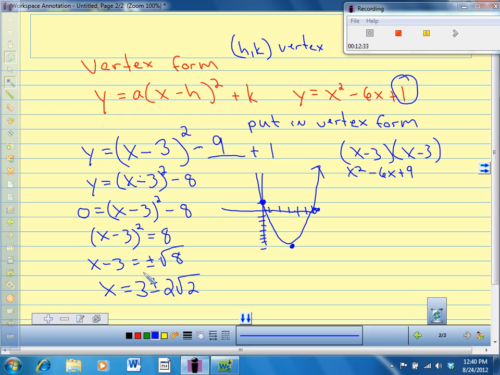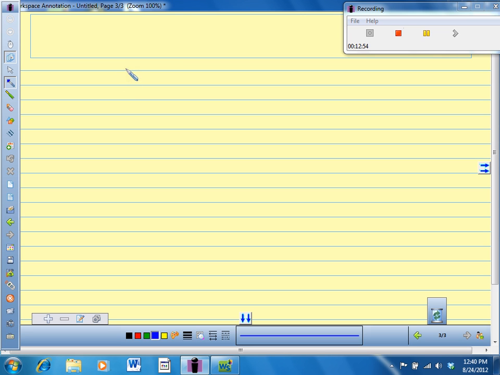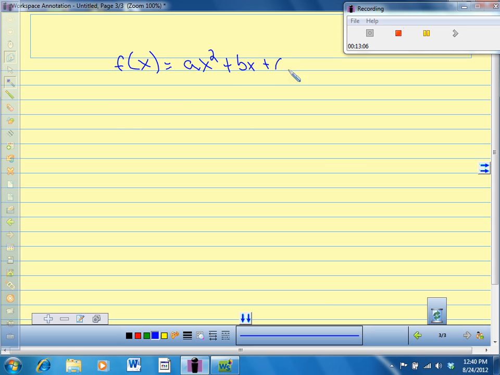And then for a parabola in standard form, f of x equals ax squared plus bx plus c, you know that the vertex can also be found straight away by plugging in.